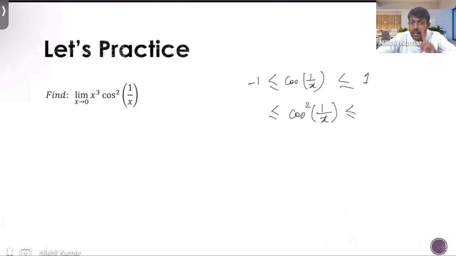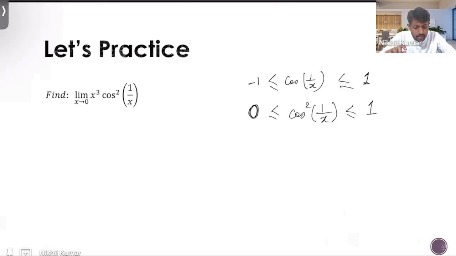Cos square is always going to give you a positive number. And if the maximum of cos theta is 1, maximum of cos square theta is also going to be 1. But it's never going to be negative. So cos square anything is always going to lie between 0 and 1. So step 1 is done.